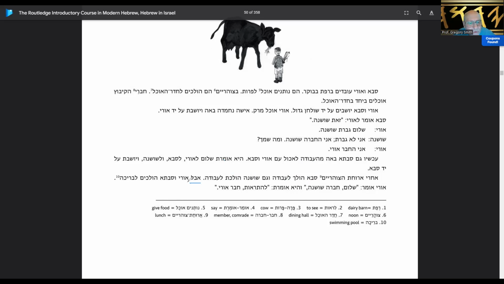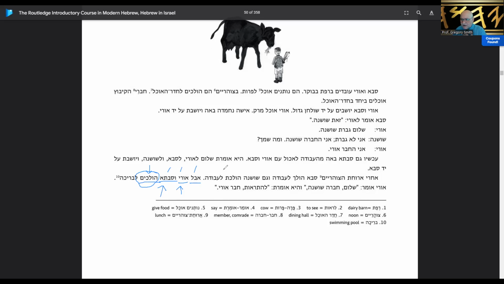Okay, aval Ori v'savta. I'm pretty sure that's but. Aval Ori v'savta. Yeah, that's right. Okay, but Ori and grandmother, holchim, they go. Notice it uses holchim here because it's talking about Ori and grandmother together.